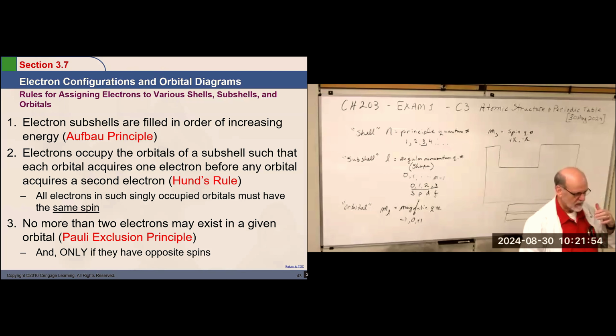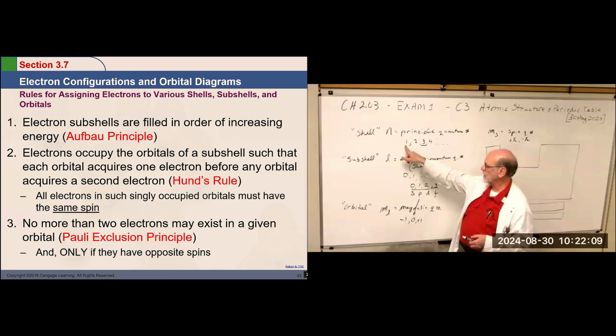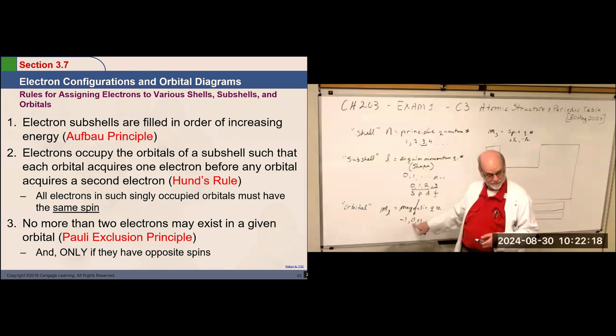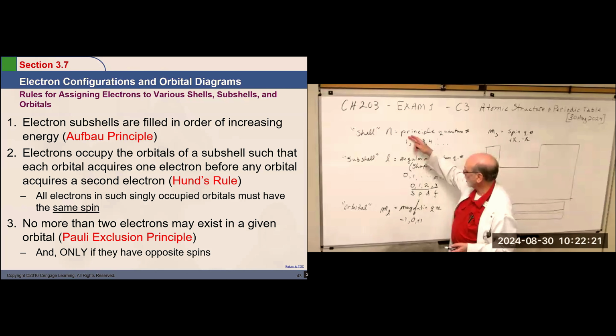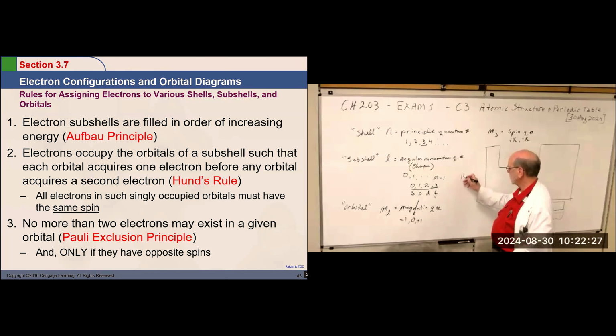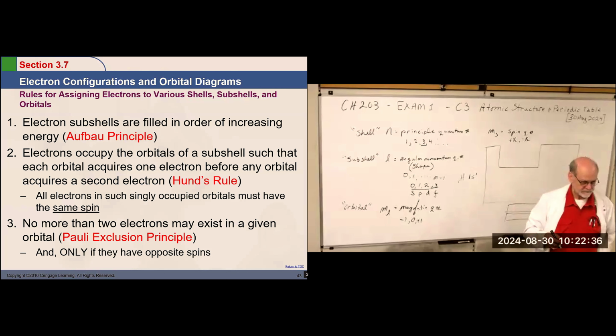And you start from the innermost energy level. Right? So hydrogen in its ground state would have one electron, and that electron would be in this principal quantum number, this subshell, and this orbital. Okay, so we would say 1s with one electron. So for hydrogen, the electronic structure will be 1s with one electron. That's the way you'd write it.